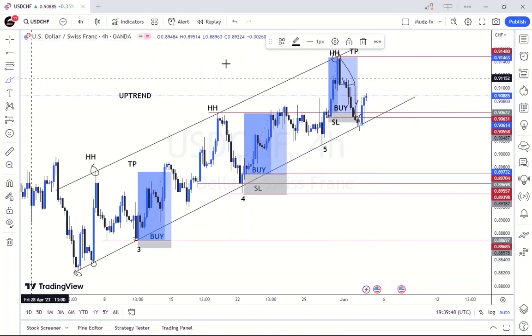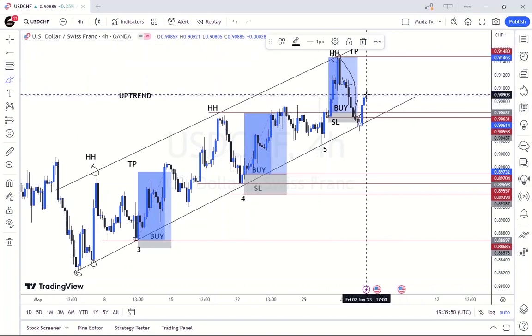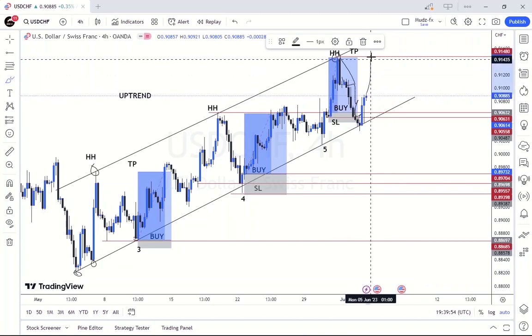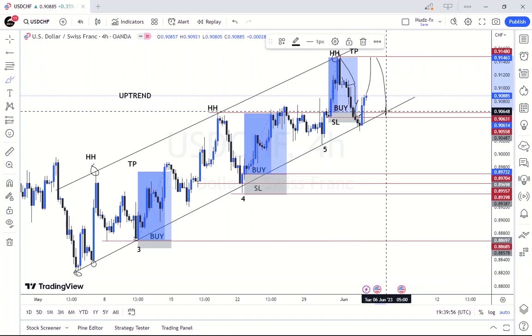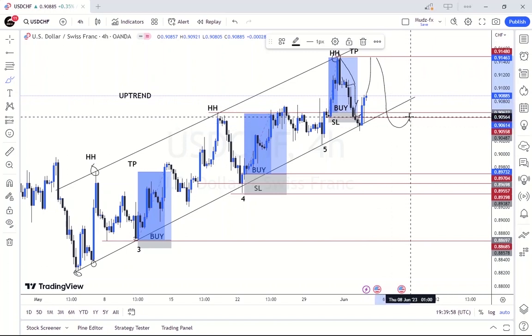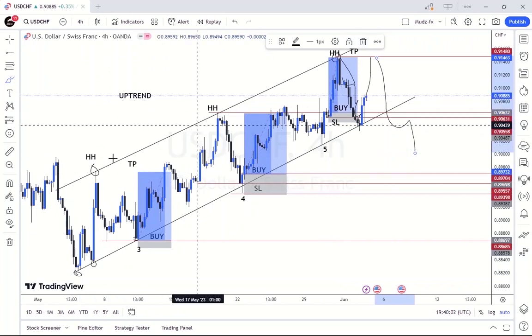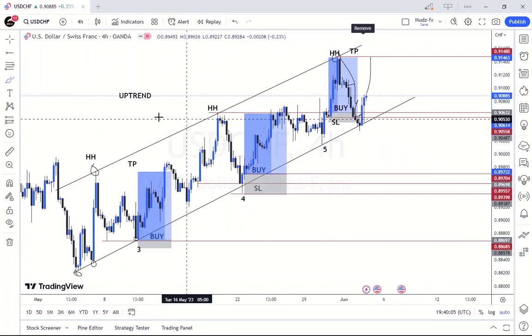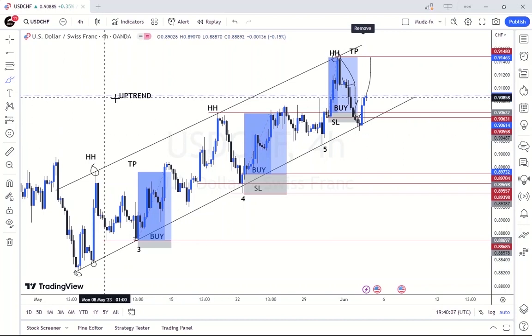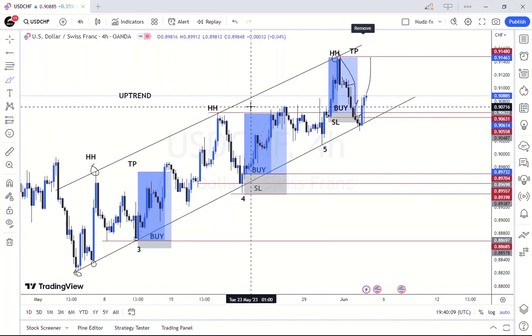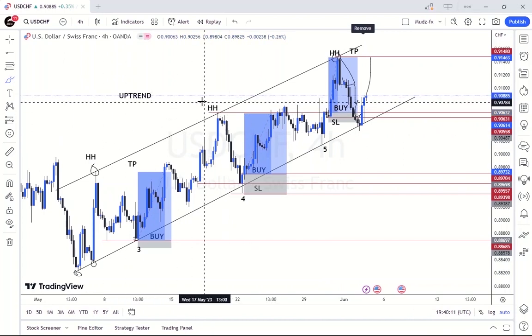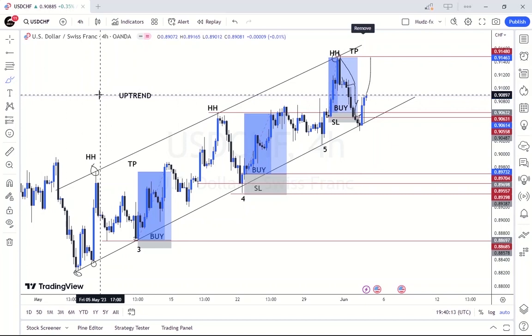So let's say this uptrend is no longer valid, right, what you're going to see is it's going to come here and then go down, then break this trend line, and then retest, and then start going down, making the opposite of this uptrend, right? So this is an example of a good uptrend, how to trade inside an uptrend, right?